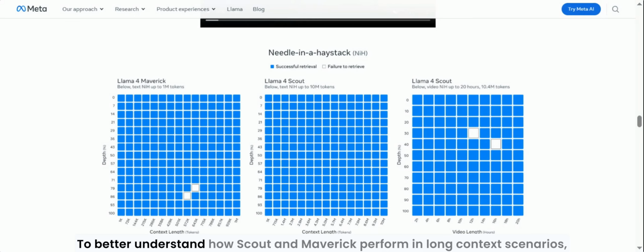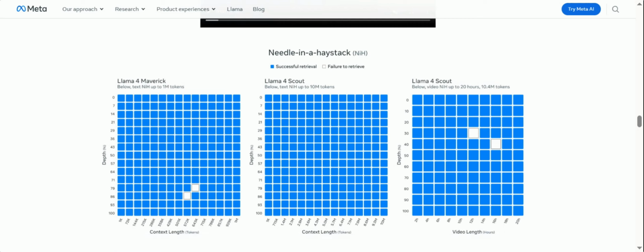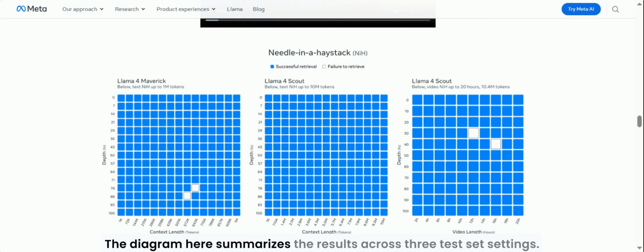To better understand how Scout and Maverick perform in long context scenarios, let's take a look at the Needle-in-a-Haystack (NIH) benchmark. This test evaluates a model's ability to recall a specific token, or needle, buried somewhere within a very long context, or haystack. The diagram here summarizes the results across three test settings.